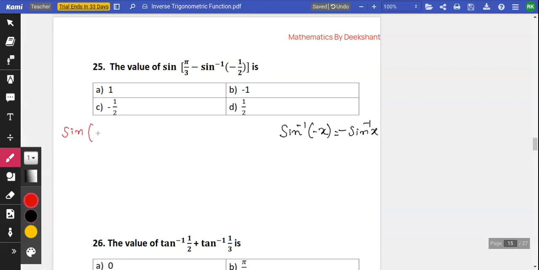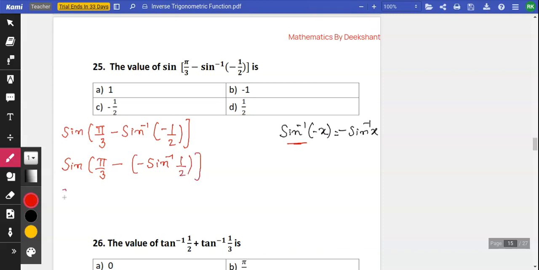By using this formula, it becomes sine pi by 3 minus minus sine inverse 1 by 2.